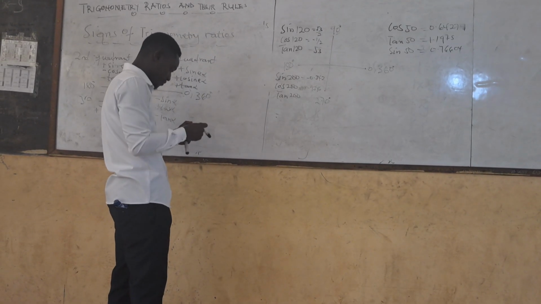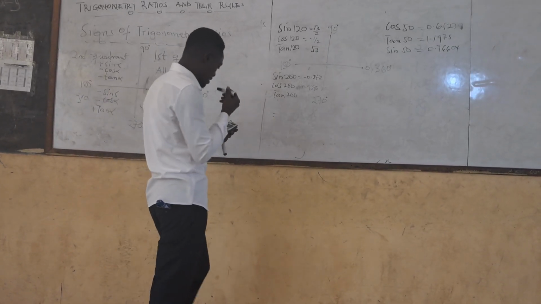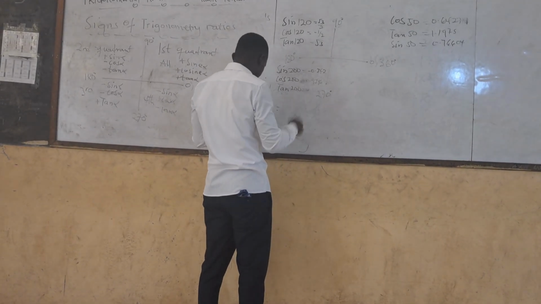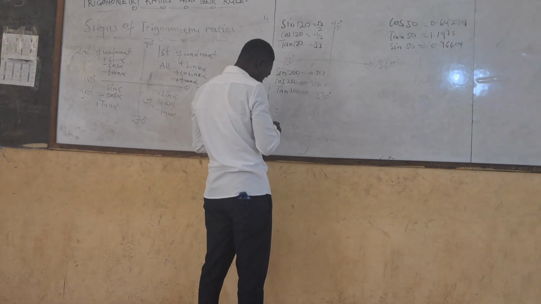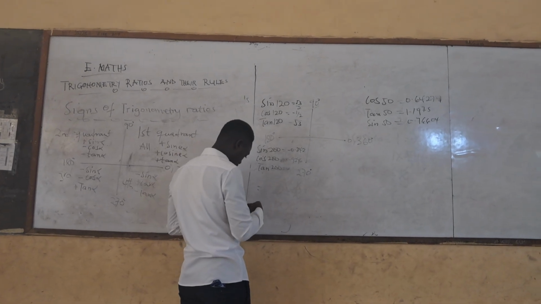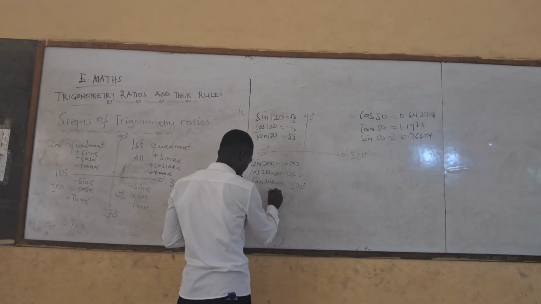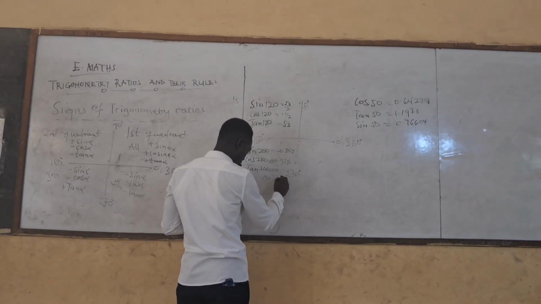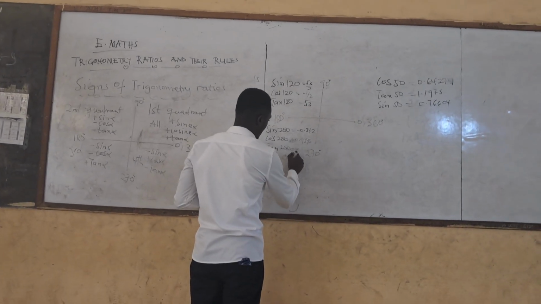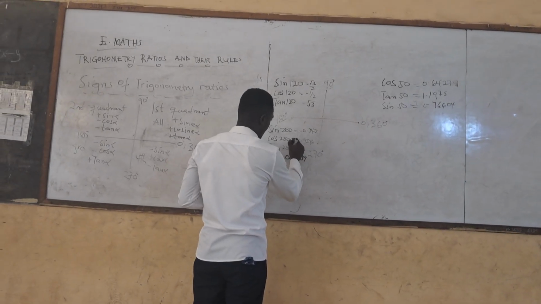Then when you have tan 200, it's given as 0.3639, which is positive, and the others are given as negative.